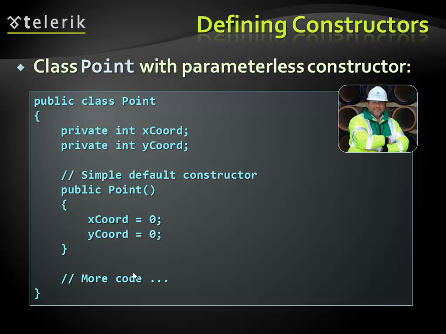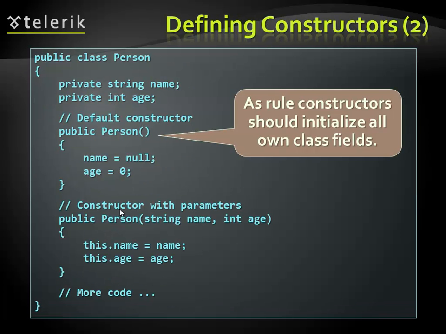Here's another example, class point, which has coordinates of x and y. These are private fields. And here's our constructor, the default one, that sets their values to zeros. Another example, person with a name and an age, string and integer.